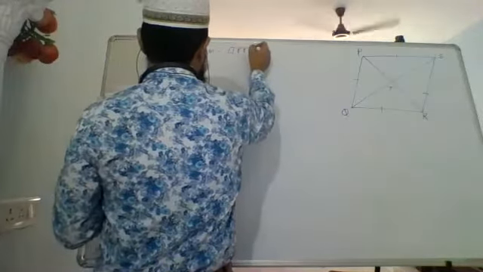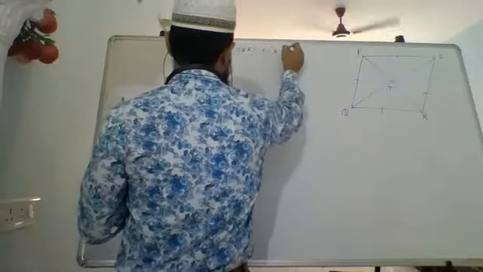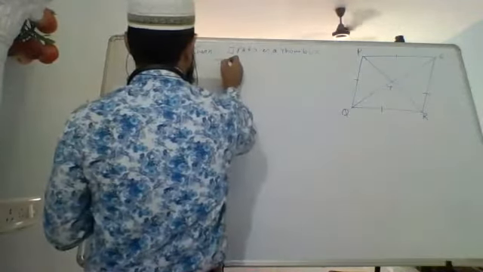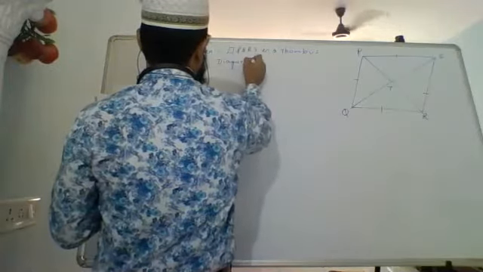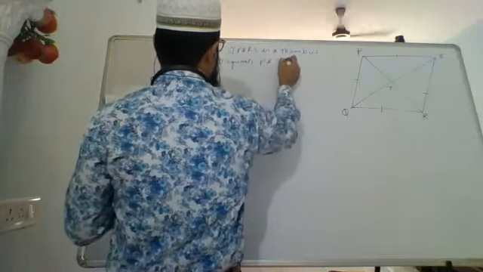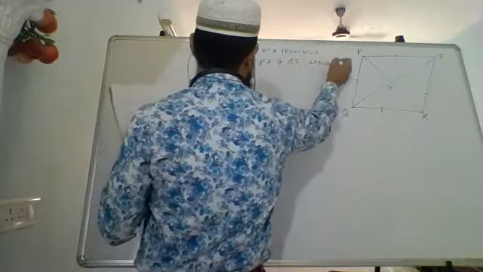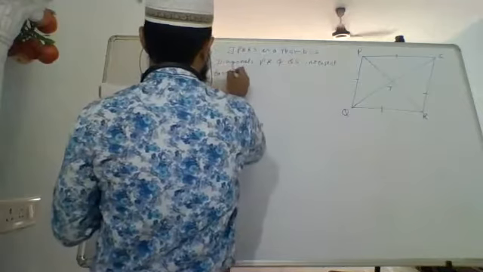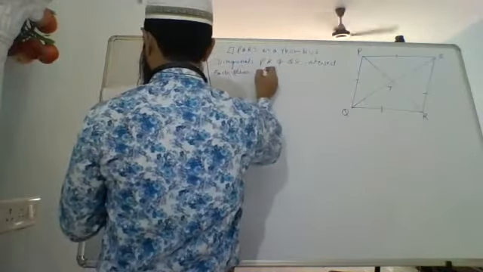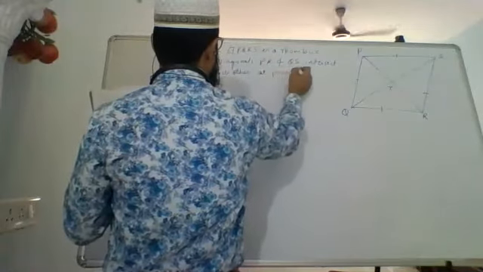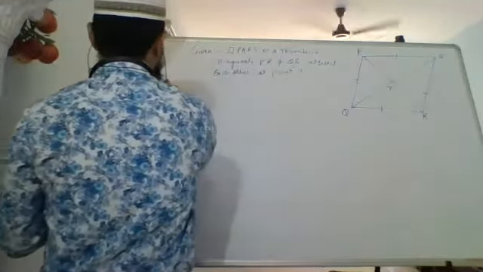Quadrilateral PQRS is a rhombus and diagonals PR and QS intersect each other at point T. What do we have to prove?